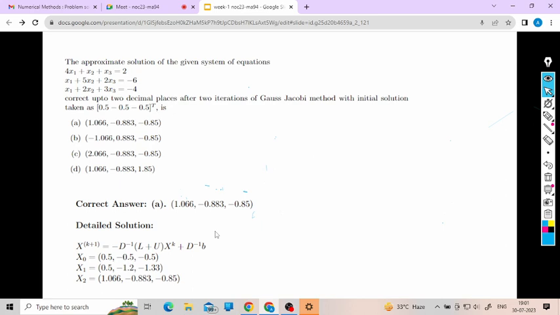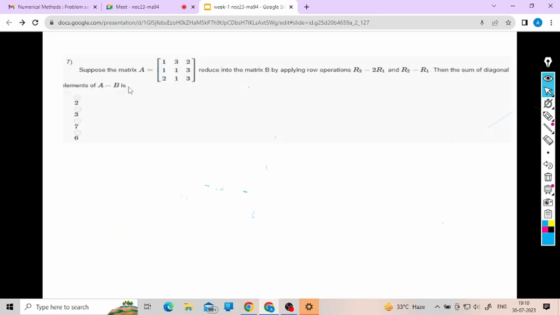This is 7. Yes. Everyone has got the value?